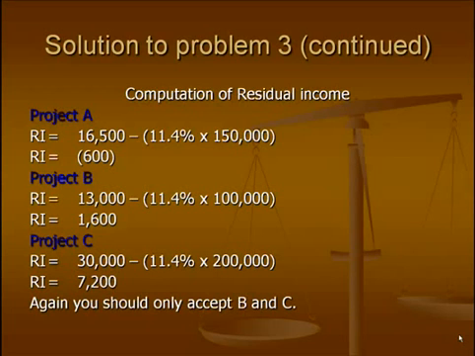So the residual income in project A is negative 600. Don't accept. For project B, it's 13,000 minus 11.4% of 100,000, which is 1,600. Looks good. For project C, the residual income is 7,200. So you should accept only B and C and not A.